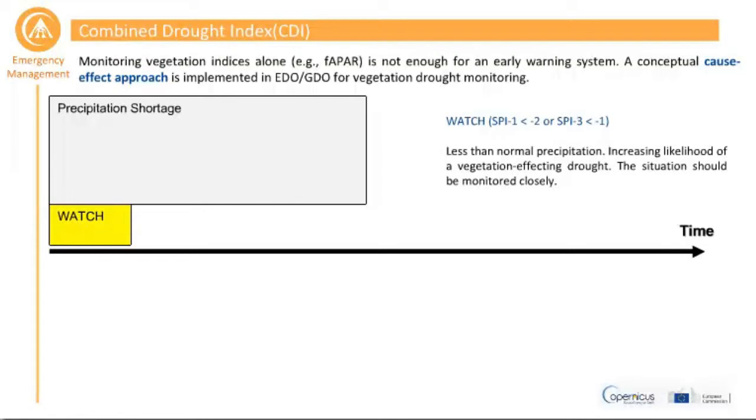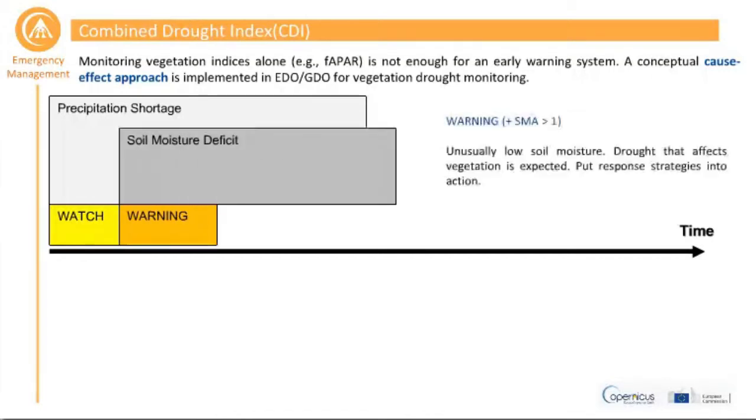Basically, we start by watching a precipitation shortage, usually focusing on SPI 1 and 3, because as Carolina already said, these short-time SPIs are usually more related to impact on agriculture. So these anomalies in precipitation can raise a watch alarm, so a situation that should be followed carefully because it can drive a following effect on vegetation.